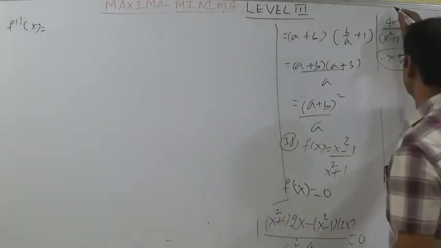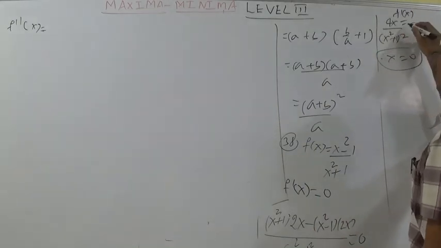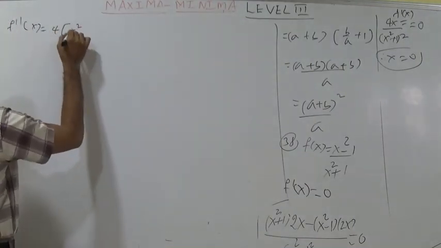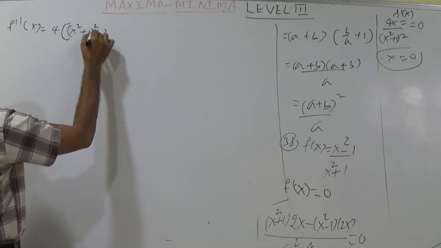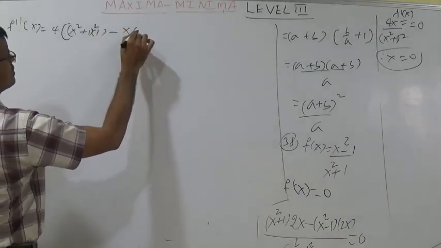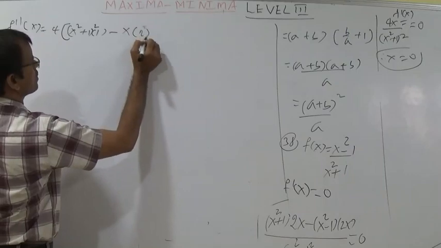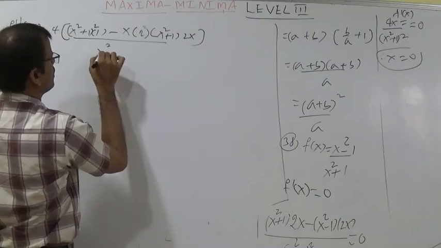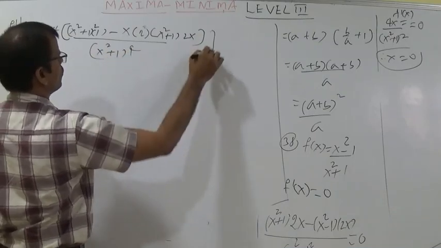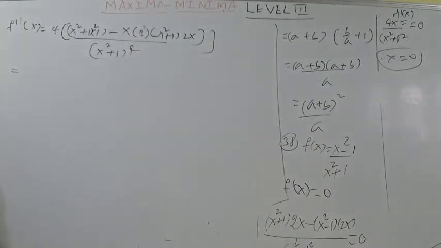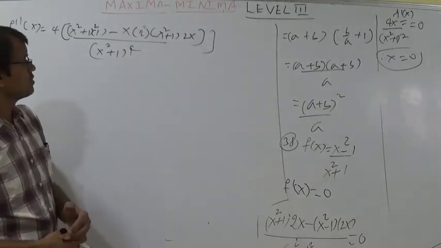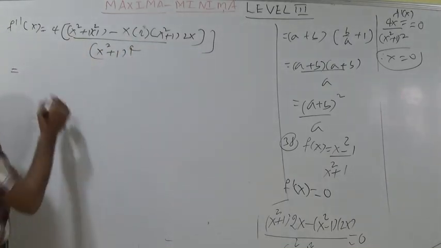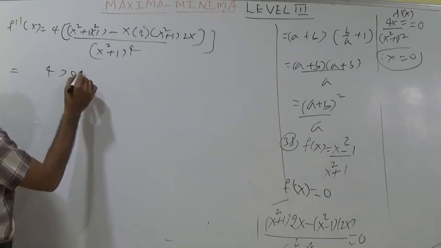This is f dash x. To calculate f double dash x, I am writing here 4 taken common: (x square plus 1) whole square into 1 minus x into the derivative of (x square plus 1) whole square, 2 into (x square plus 1) into 2x, whole by (x square plus 1) whole power 4. If you substitute the value 0 instead of x, this becomes 4 into 1 by 1, so 4 greater than 0, minimum.